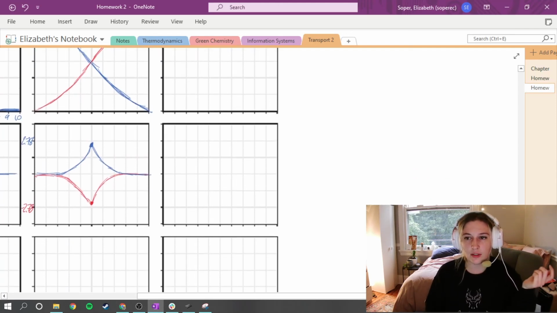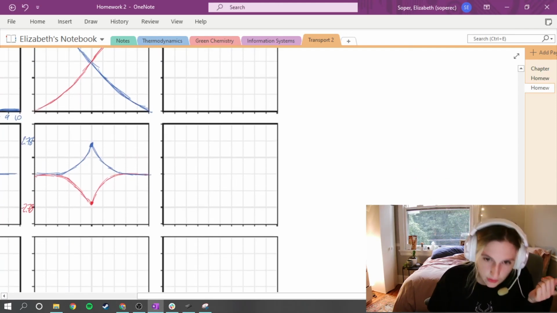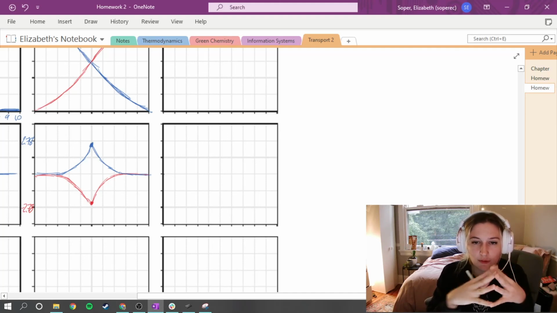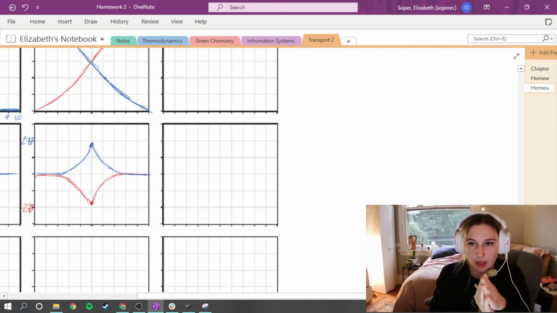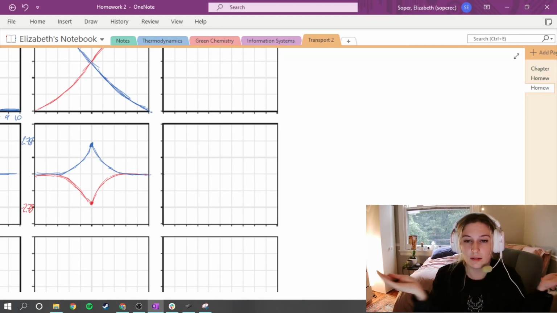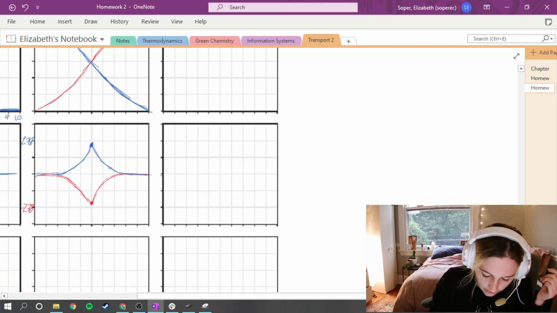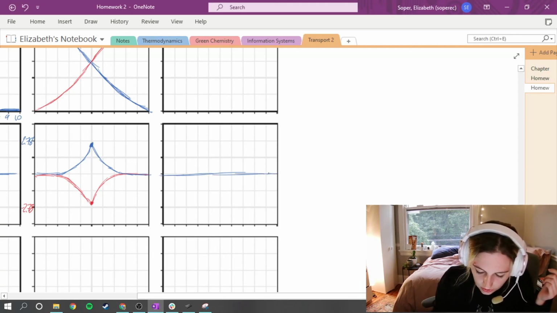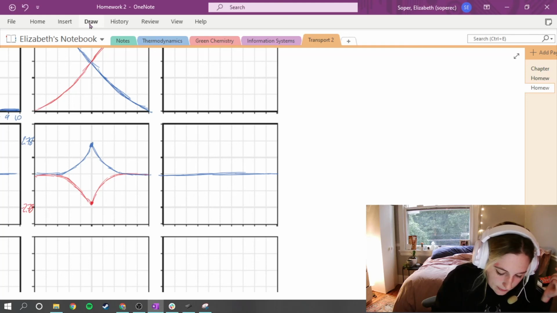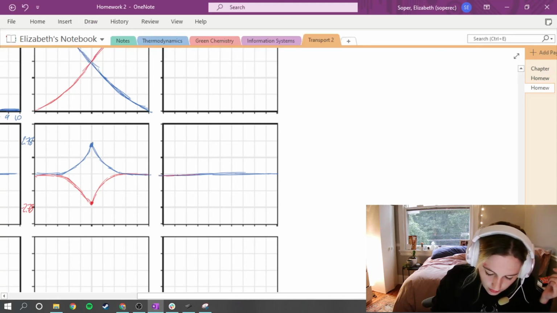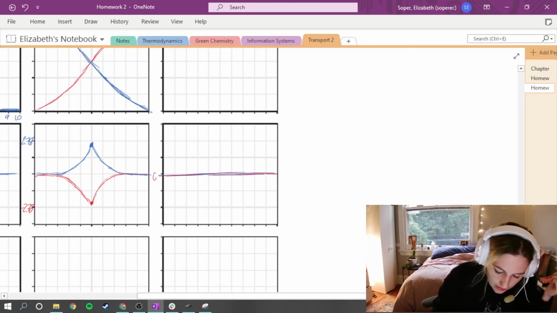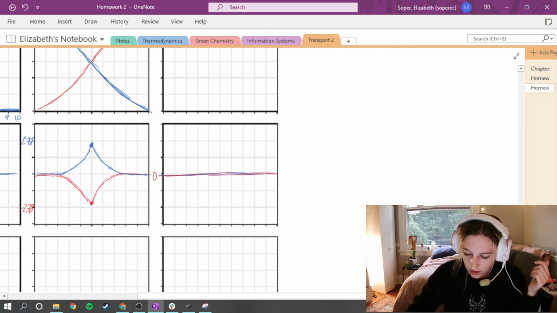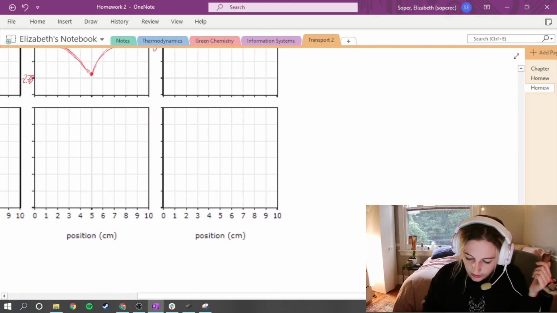And then for this one, the molar diffusive flux is going to be at 0 because it's not diffusing anymore. It's all mixed together. So for both of them, it'll be 0. So I'll just draw that out here. And this is at 0. All right.